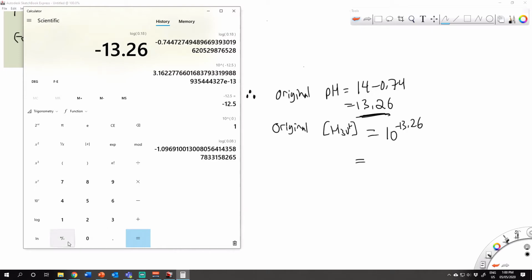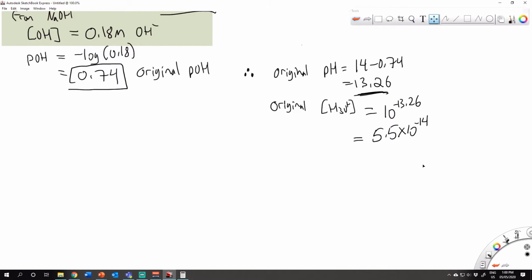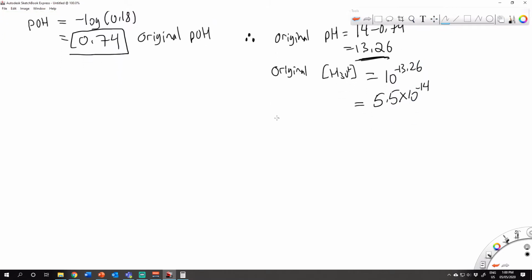So the original concentration is 5.5 times 10 to the negative 14. And then from that concentration, we can calculate the original moles of hydronium, H plus.